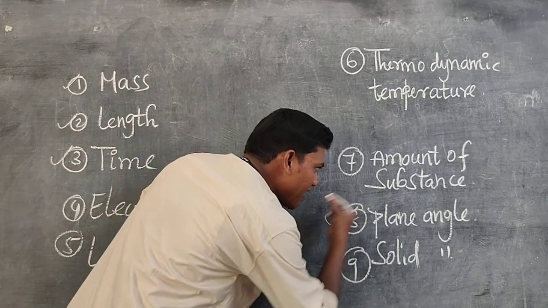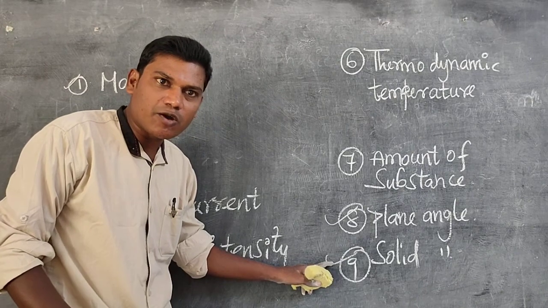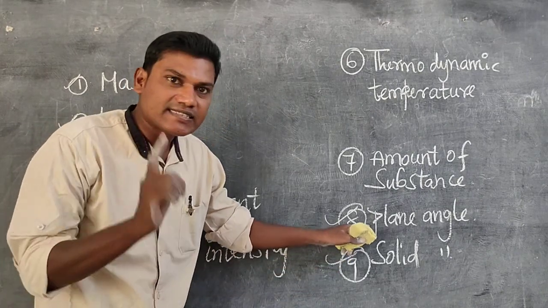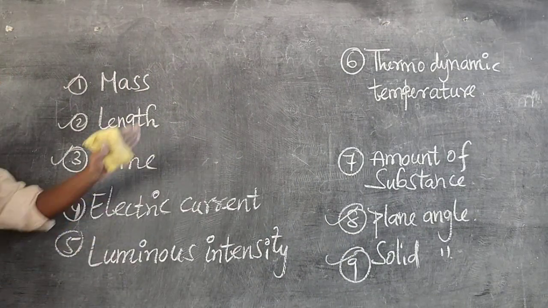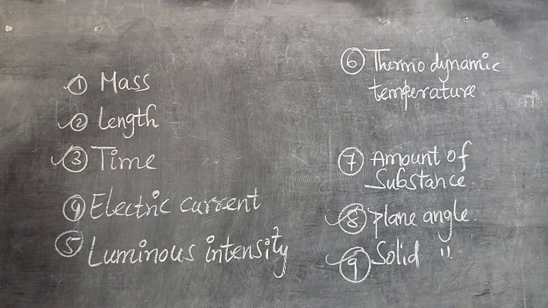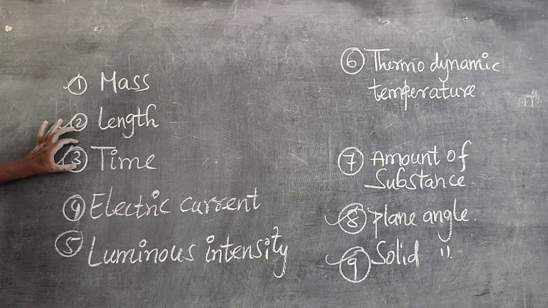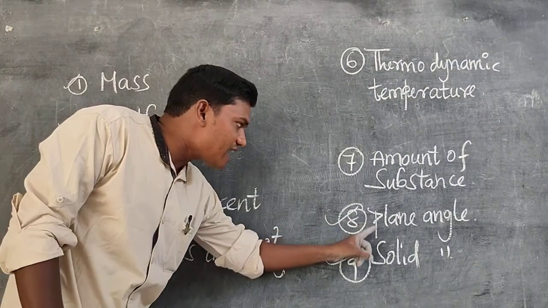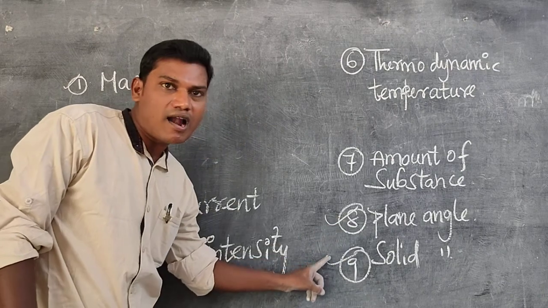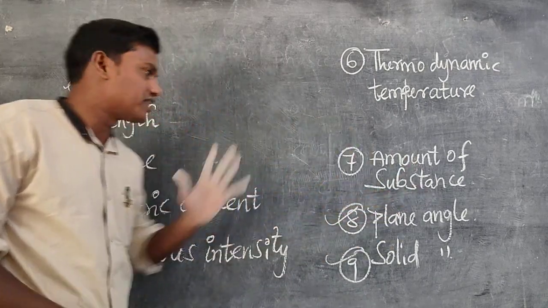And plane angle and solid angle, these 2 are called supplementary fundamental physical quantities. Once again listen: among the 9 fundamental physical quantities, mass, length, time are called basic or primary, and plane angle and solid angle are called supplementary fundamental physical quantities.